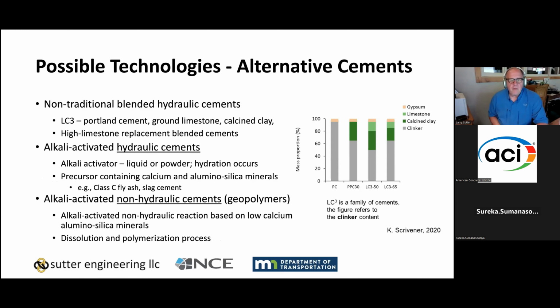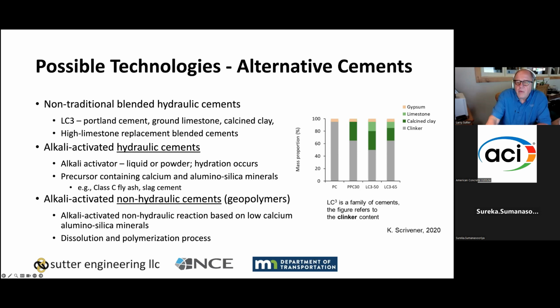We wanted to look at some different cements. We started out thinking we really wanted to look at LC3, which many of you have heard about. It's a family of cements where, rather than having Portland cement clinker and gypsum in the powder, it can be done with either just a 30% replacement of calcined clay, like shown here, or some combination of calcined clay and ground limestone to get the clinker factor down even lower.